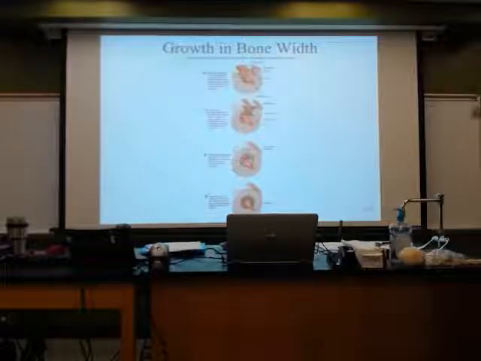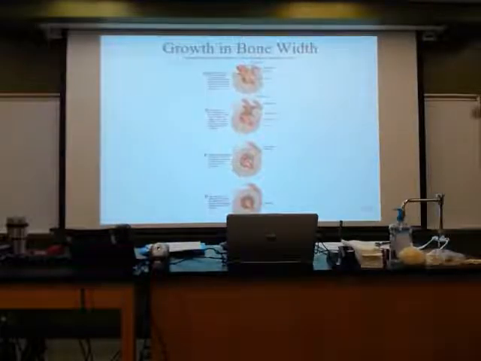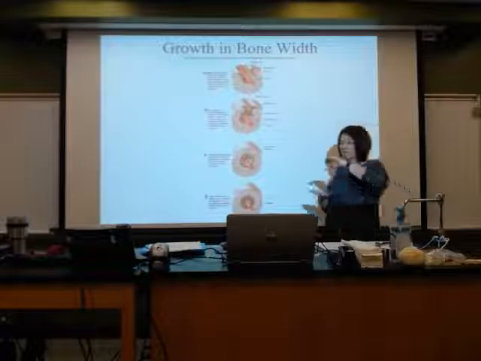Does that make sense? So that would be our appositional growth. So now we can see that the bone can grow in length and the bone can grow in width.